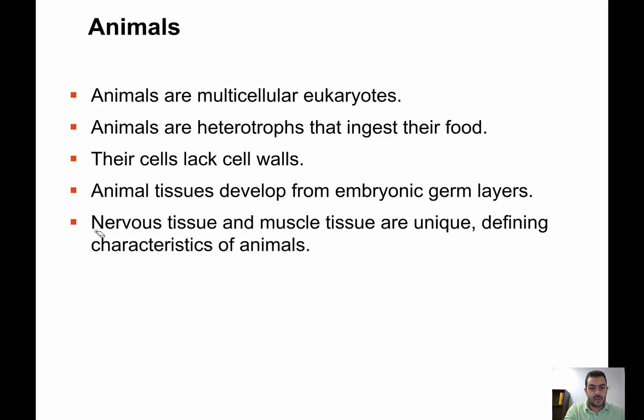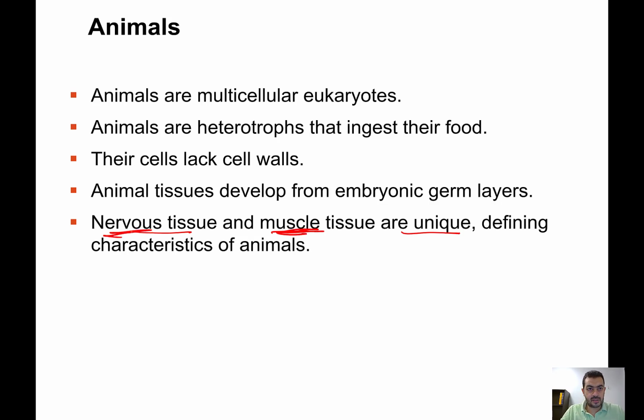Among these tissues we have two that are unique to animals and are among the defining characteristics of animals, which are the nervous and the muscle tissues. Please keep in mind that movement in animals requires the presence of muscle tissues and nervous tissues to coordinate this movement.